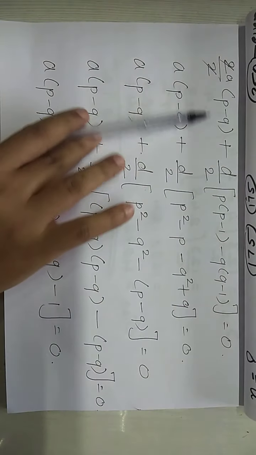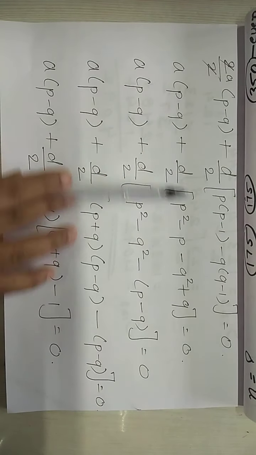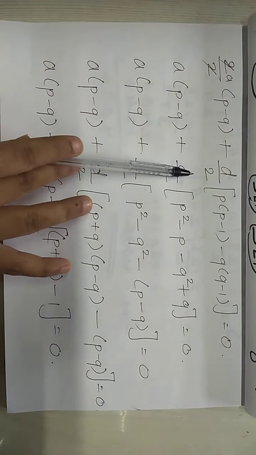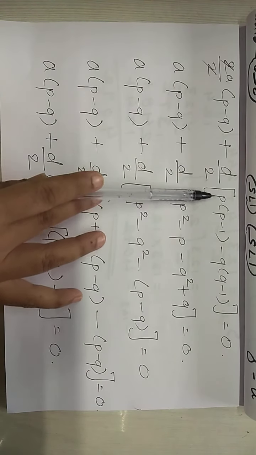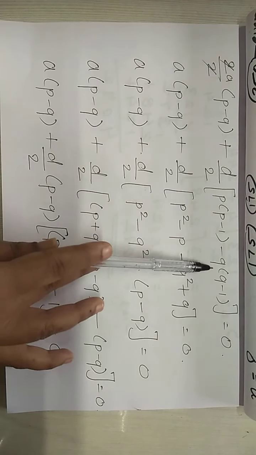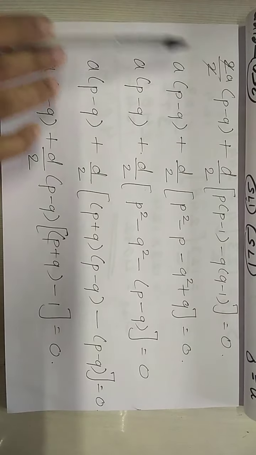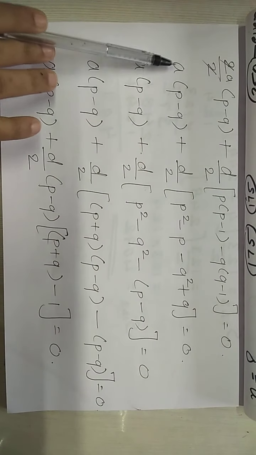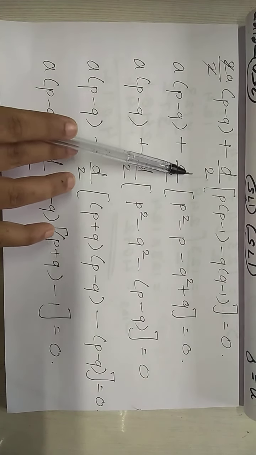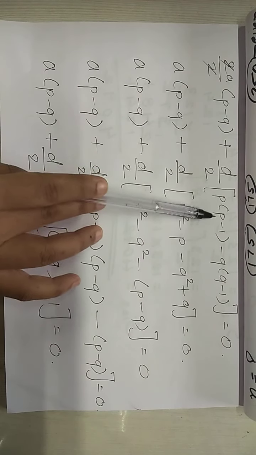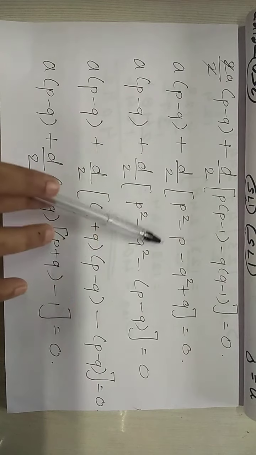Similarly from the next two terms we have d upon 2 common, so d upon 2 comes out. In the bracket we have p minus 1 and q minus 1. RHS will remain 0. Now here 2 and 2 cancel, a remains, (p minus q) plus d upon 2. This we multiply now. p times p is p square, p times 1 is p.